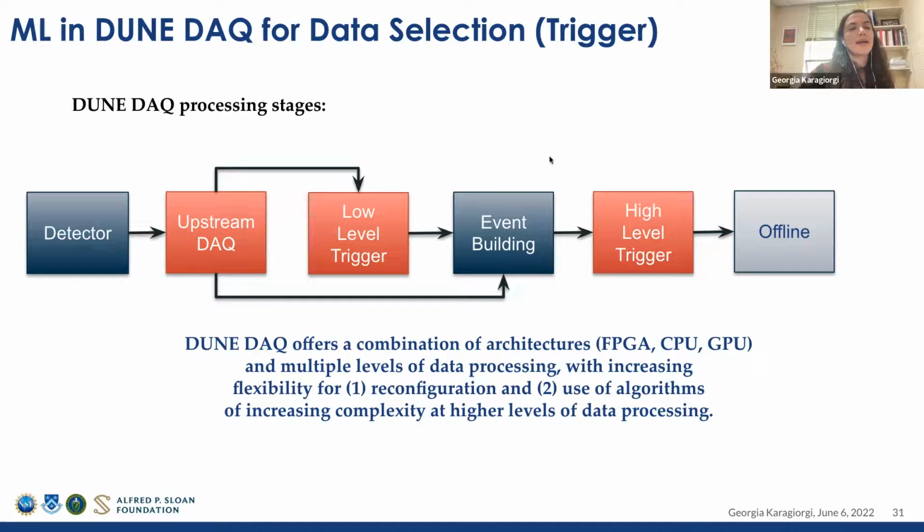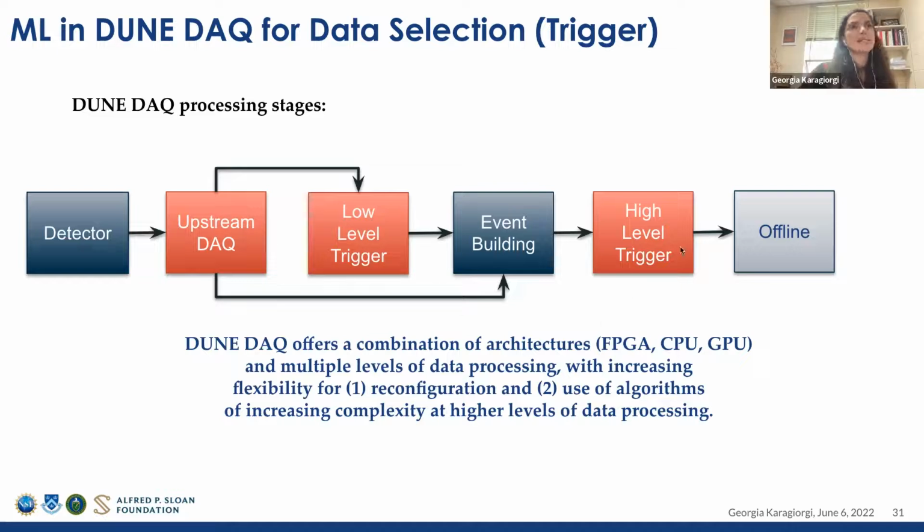Then an additional stage of down selection occurs as part of the high-level trigger before things get shipped to offline. In particular, these 3 stages of data processing offer a combination of architectures, both field programmable gate arrays, FPGAs, and CPUs and GPUs, with increasing flexibility for reconfiguring, but also for using algorithms of increasing complexity, especially at higher levels of data processing.